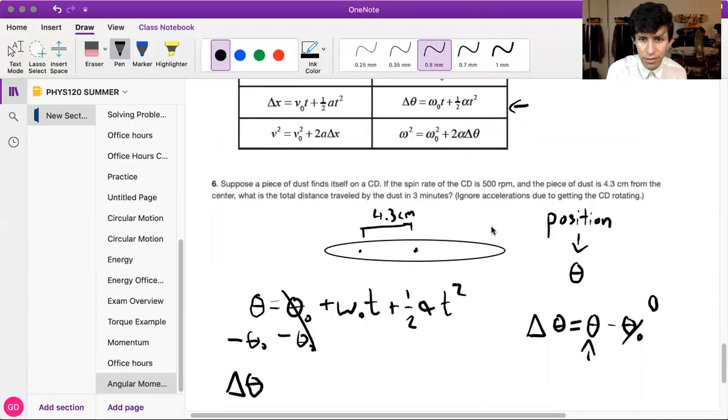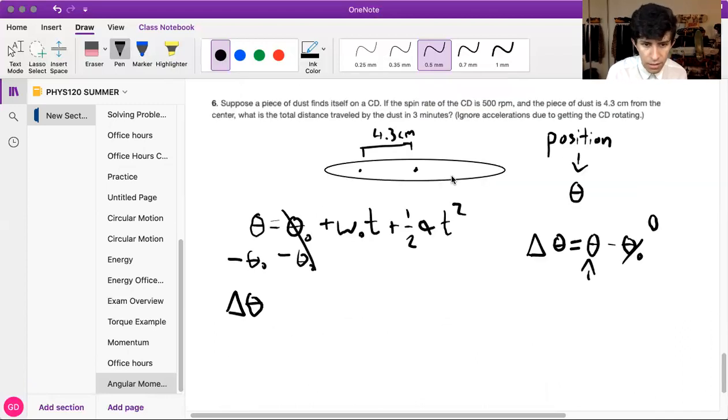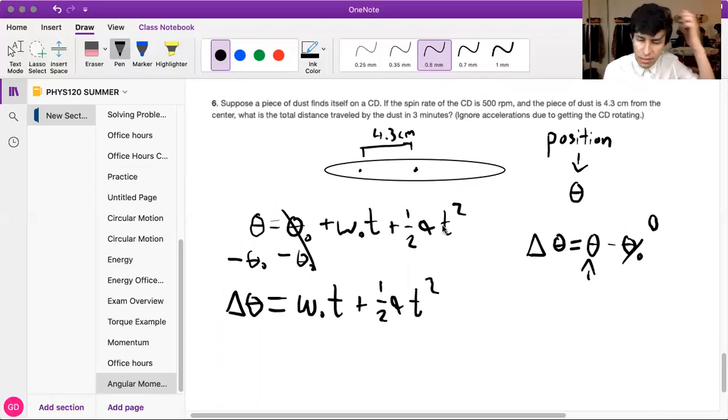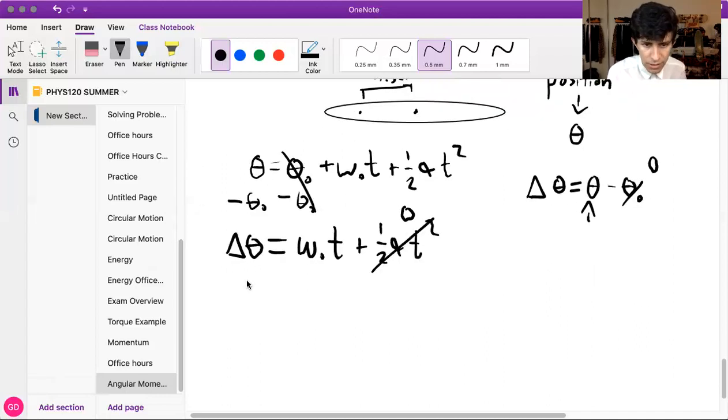Okay. So we'll keep it how this is written. Theta is equal to that plus 1/2 alpha t squared. This problem says to ignore acceleration. So boom, that means there's no acceleration. It's 0, crosses out. We're only dealing with this now. We're trying to solve for this.